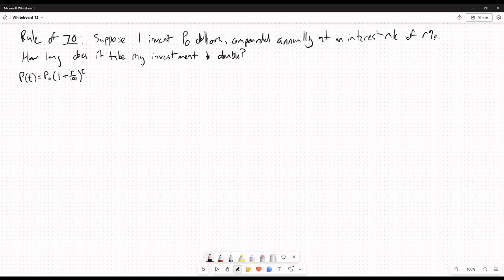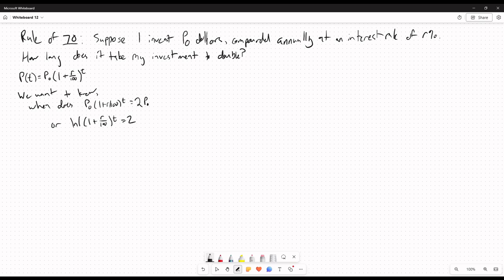So we want to know when does this amount of money that we have equal twice our initial value? We can divide both sides by P0 and get when does (1 plus R over 100) to the power of t equal 2.